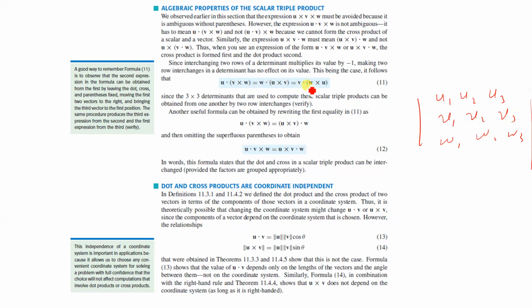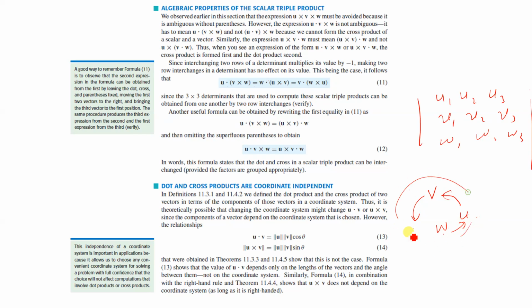Similarly, this is also equal to v dot w cross u. So u dot v cross w, w dot u cross v, similarly v dot w cross u.